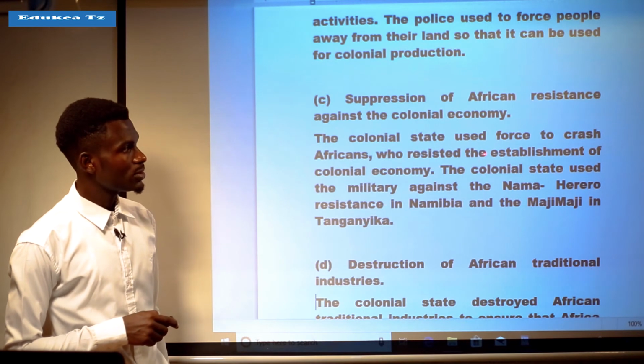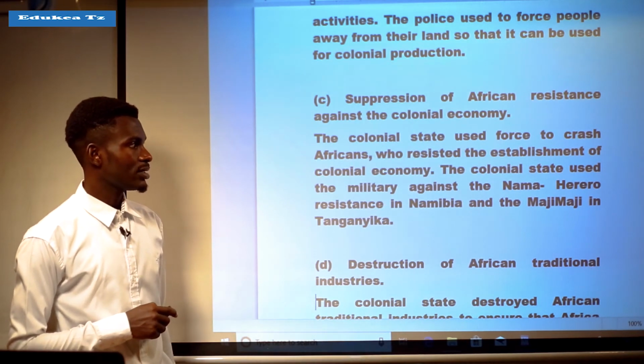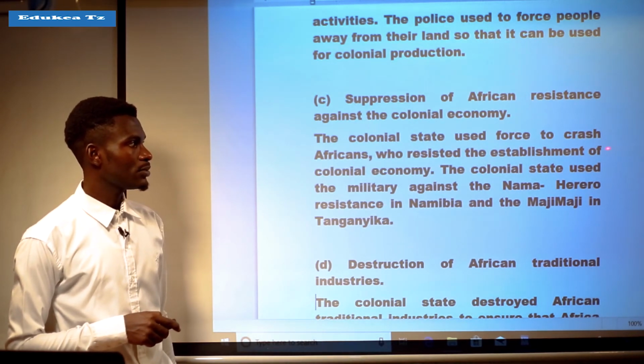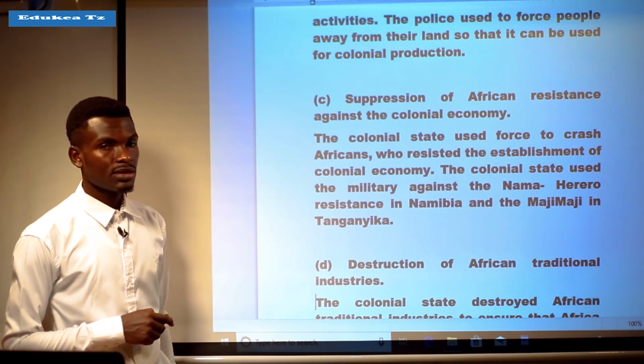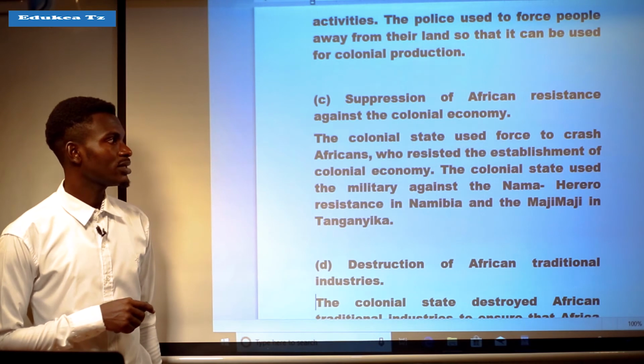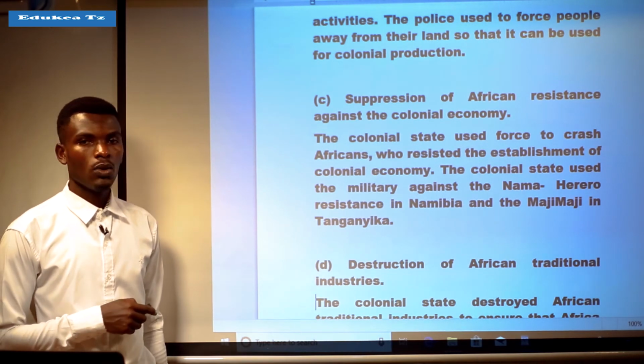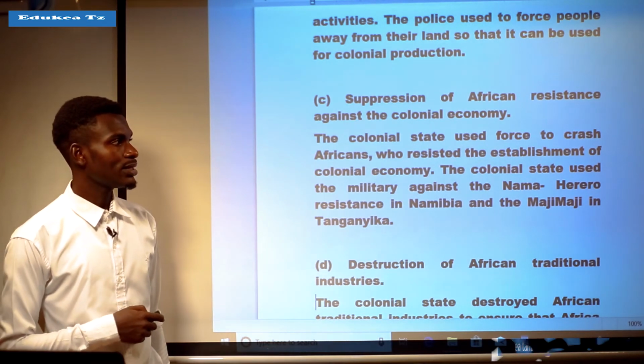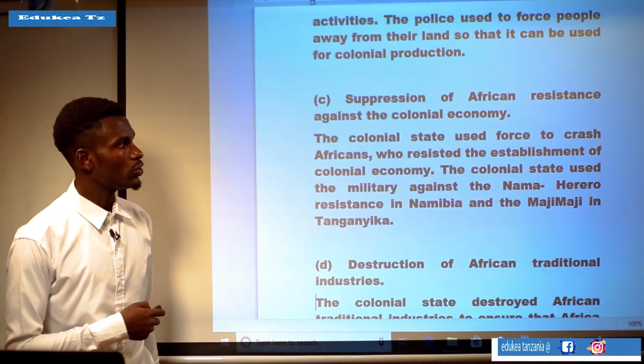The colonial state used force to crush Africans who resisted the establishment of the colonial economy.